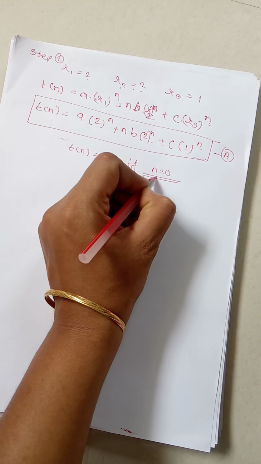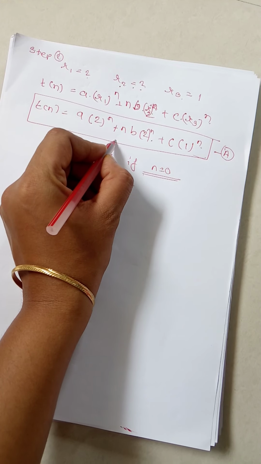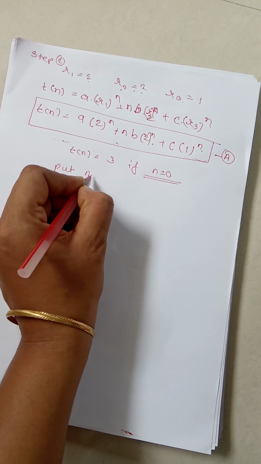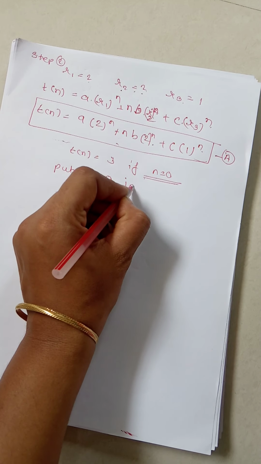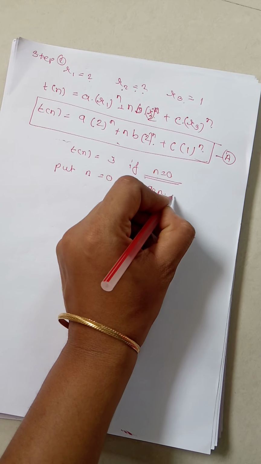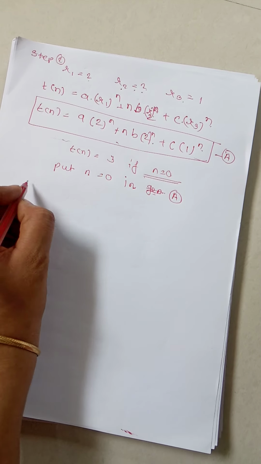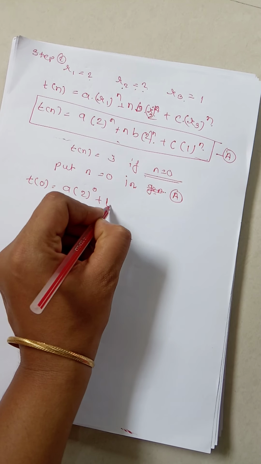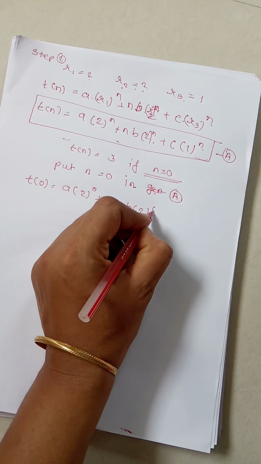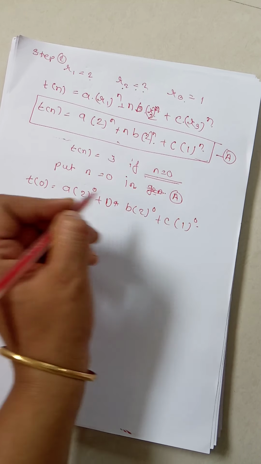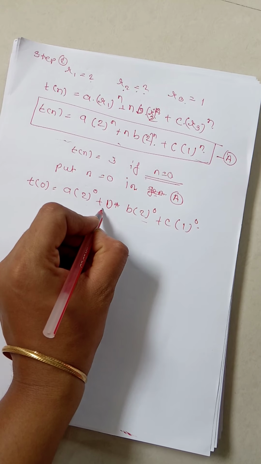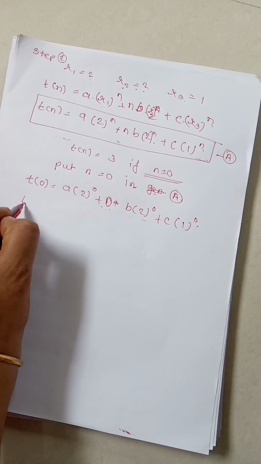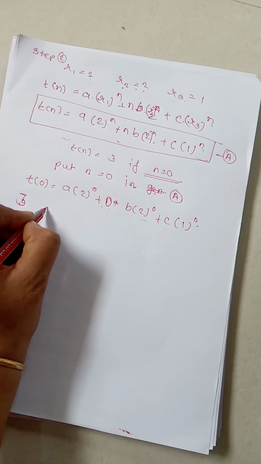So I have to put n equal to 0 in our generalized equation, that is equation A. So t of 0 is equal to a into 2 to the power 0 plus 0 into b into 2 to the power 0 plus c into 1 to the power 0. This b term becomes 0 because it is 0 times everything. That's why t of 0 is 3 here.